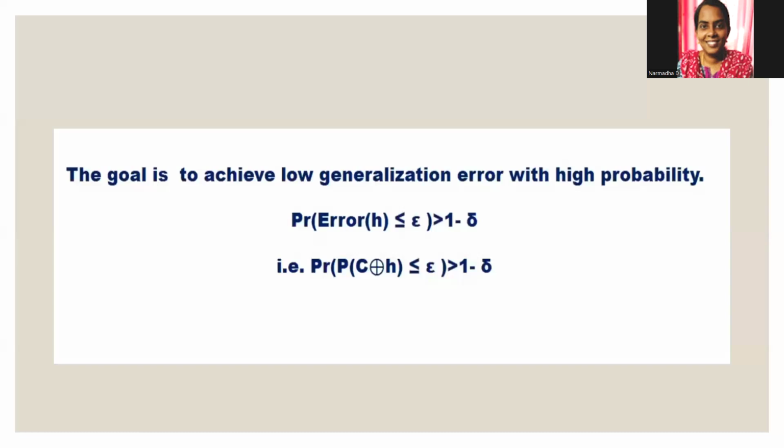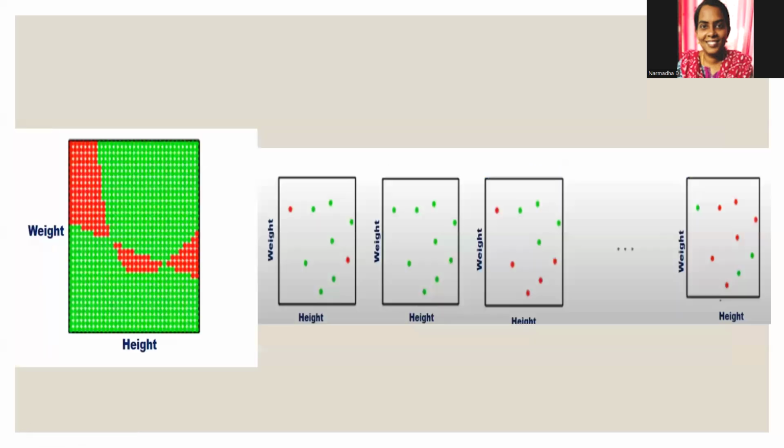So that is the reason it is mathematically represented as the probability of the error of the hypothesis being less than or equal to epsilon, which in turn must be greater than 1 minus delta. That is, P of C XOR H must be less than or equal to epsilon, the error limit, with a greater probability.